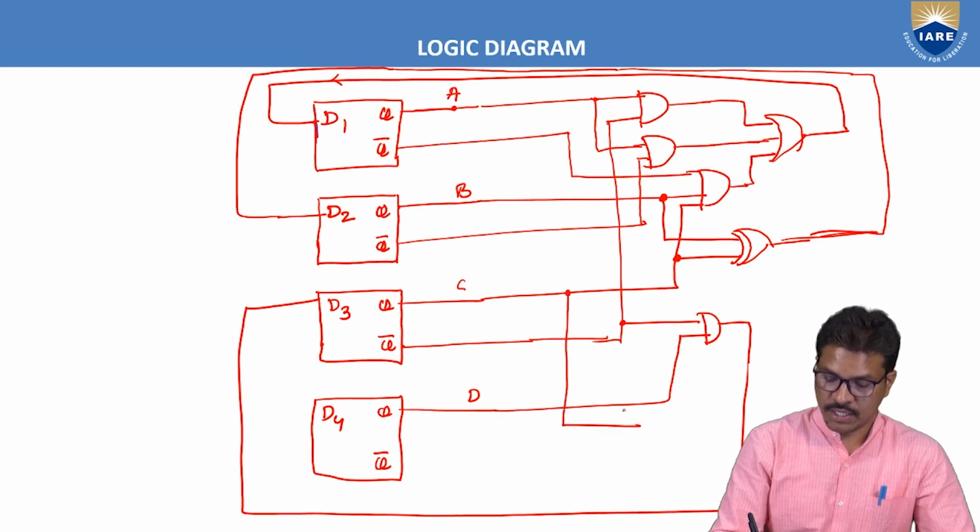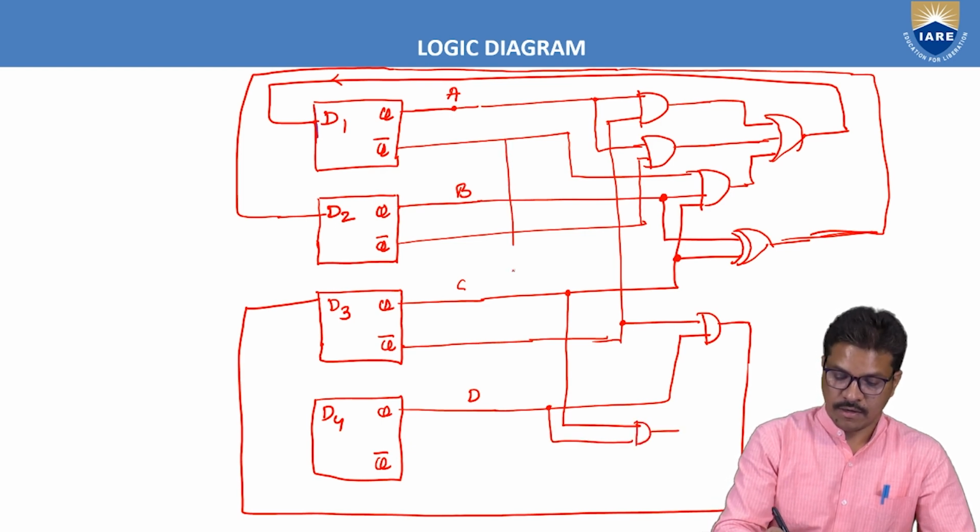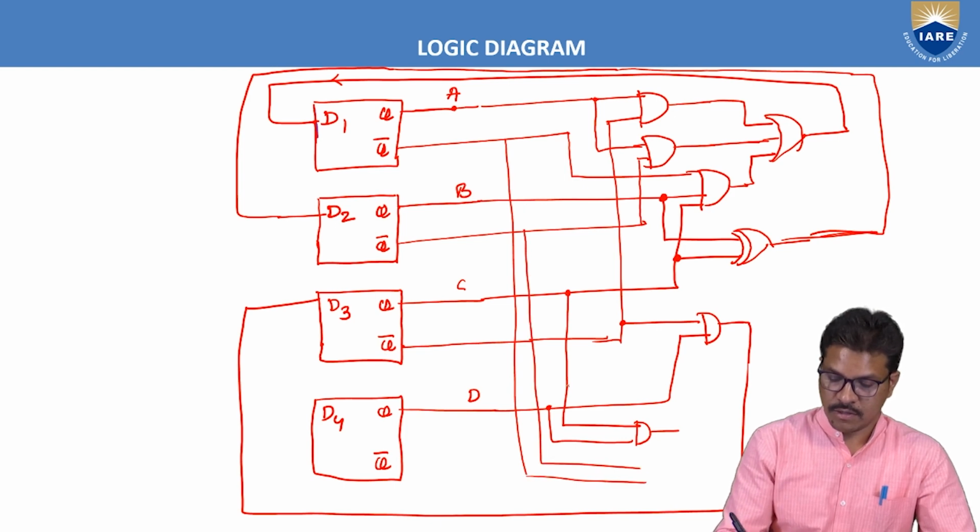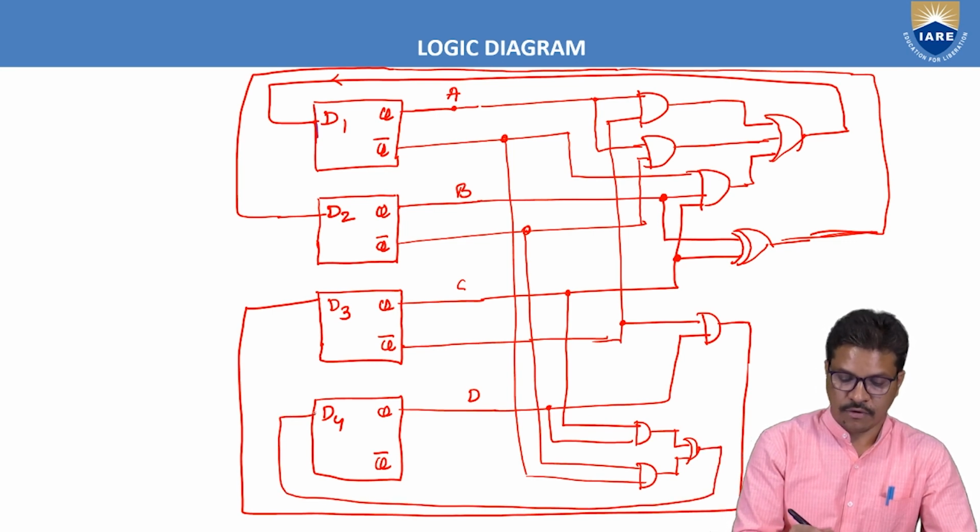This is C, this is D, A bar, B bar. This is taken back to D4.